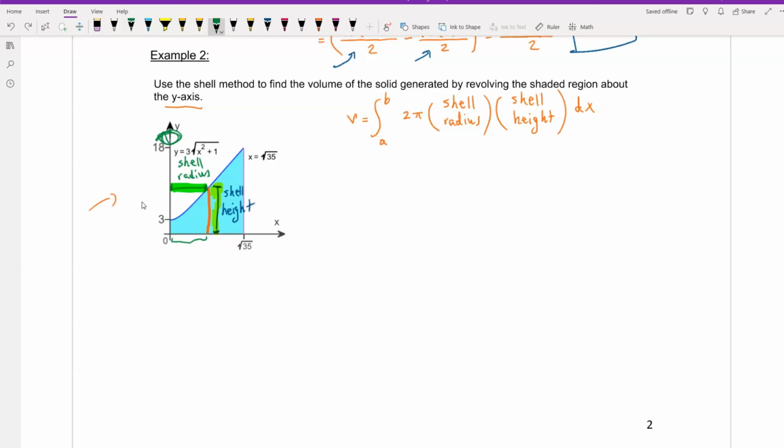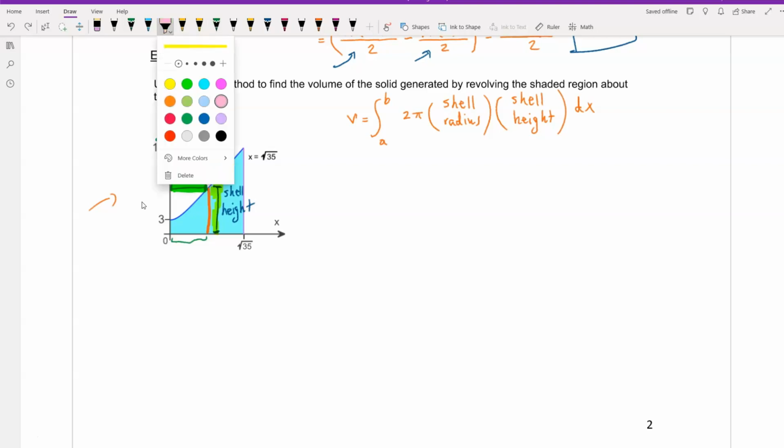And that is dependent on the given function, which is y equal to 3 times the square root of x squared plus 1. So in this case, the shell height is equal to 3 times the square root of x squared plus 1. So the shell height is y, and y is equal to 3 times the square root of x squared plus 1.